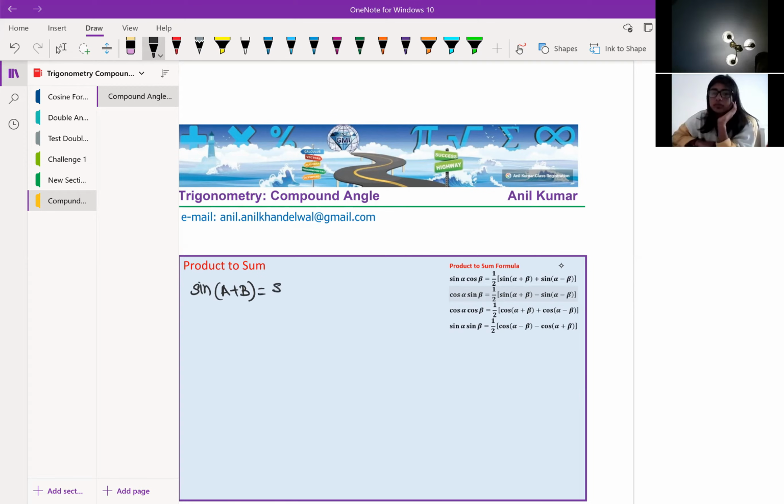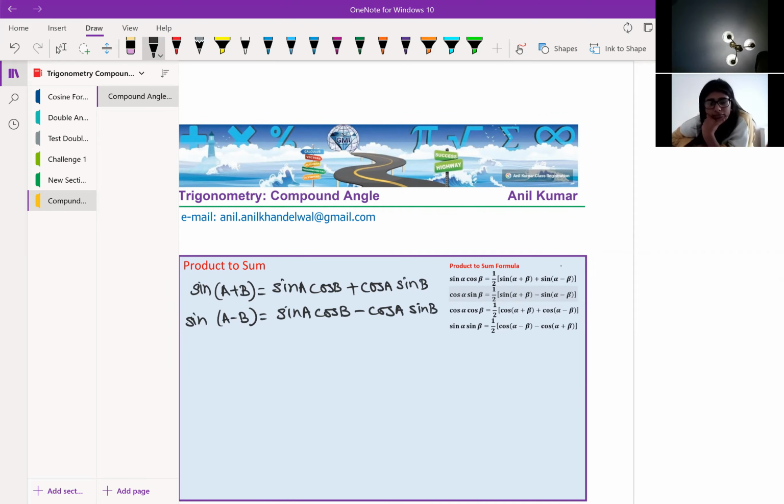Sine A plus B, you remember, is sine A cos B plus cos A sine B. Now, what is the sine A minus B formula? Sine A cos B minus cos A sine B. Very good. Now, what happens if I add them?